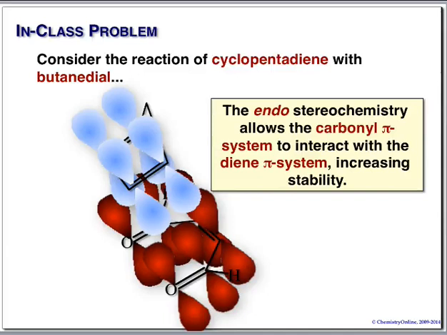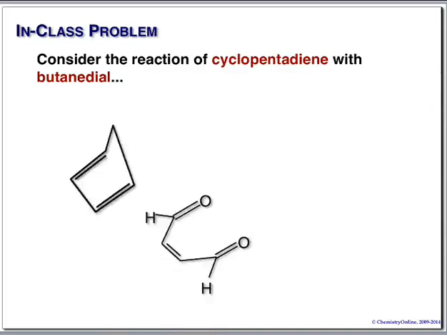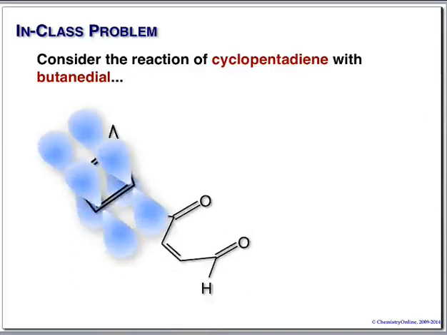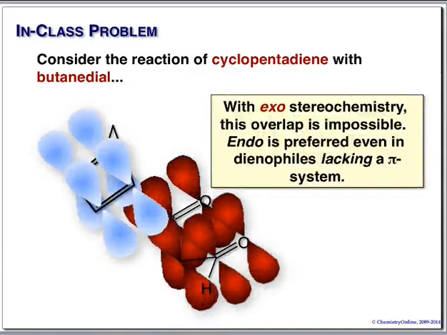And that's better. The opposite would be if we had it looking like this. There are the p orbitals for here, p orbitals for that. Put in our p orbitals here. No snuggling. This would give us the exo isomer. The other one gives us Endo.